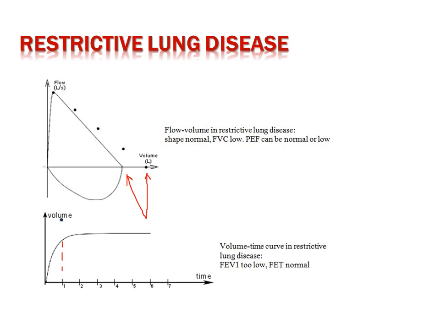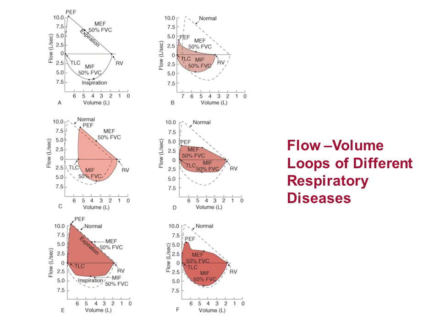So the change is in the volumes, not in the parameter we used to see in the obstructive lung disease. This slide shows you the flow volume loops of different respiratory diseases collected in one slide. Graph A represents the normal flow volume loop, as we discussed before.